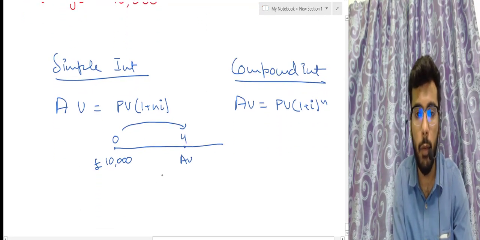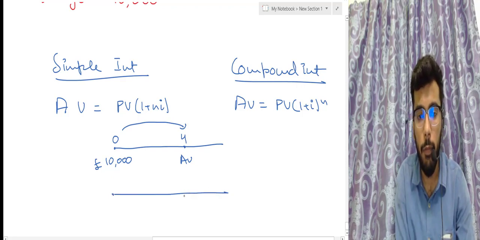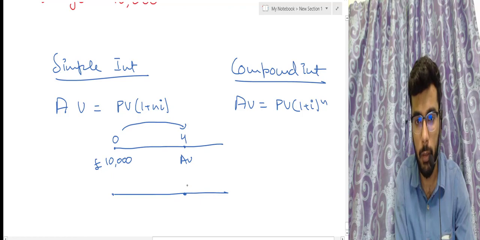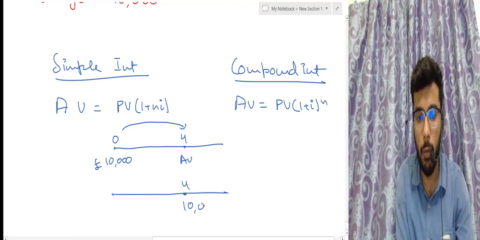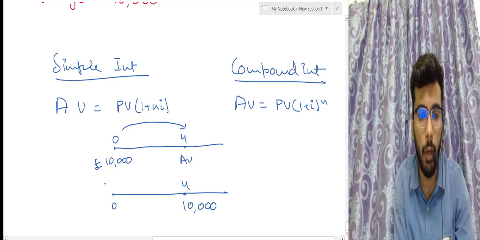So what is present value? It is just the opposite of this. If you want 10,000 pounds at time 4, then how much will you have to invest right now in order to get 10,000 pounds at time 4? This will be your present value. It's just the discounted value.